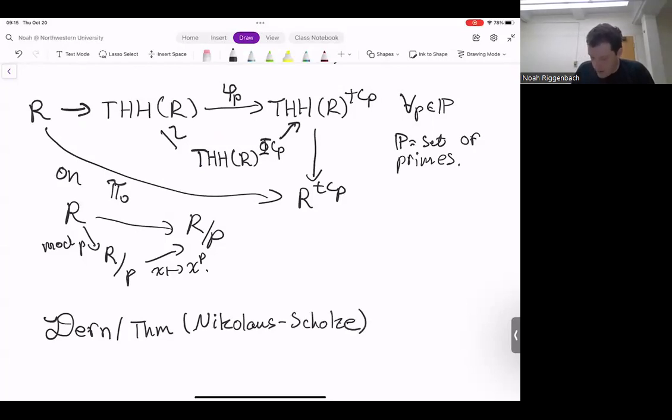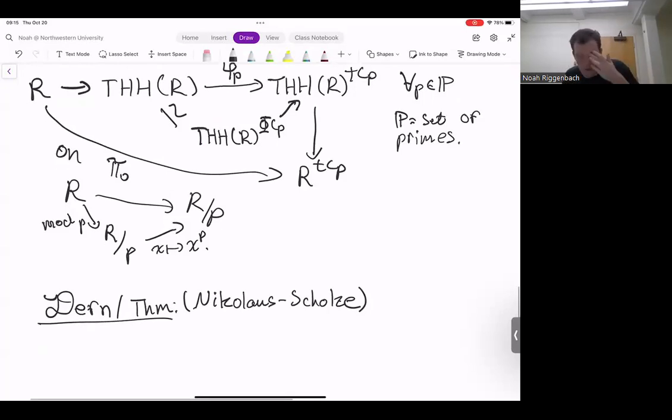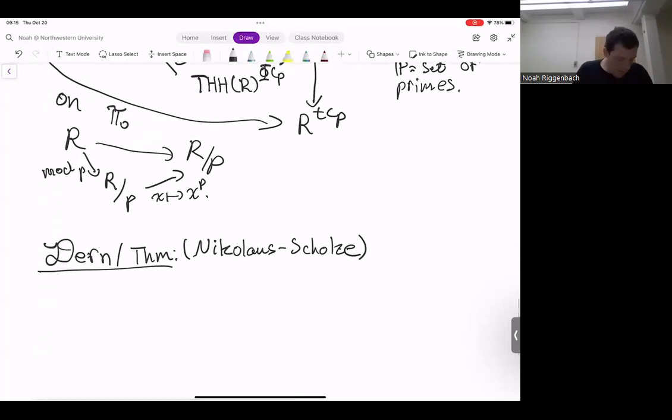This is due to Nikolaus and Scholze. And again, at the end of the day I'm really only going to be thinking about discrete rings, so what I'm going to say is not going to be 100% true for all rings. You need some bounded below hypotheses, but let me just sweep that under the rug for the moment.